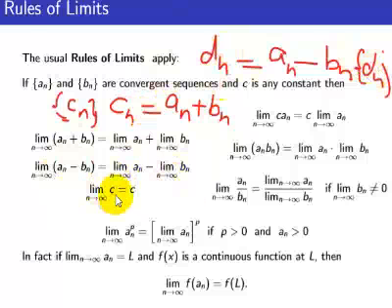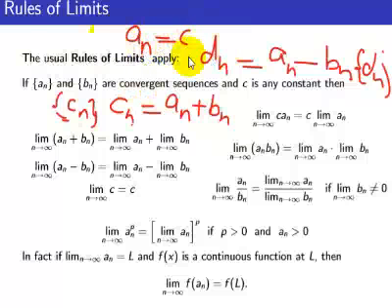So if you have a constant sequence like this, say for all n, A sub n is equal to C. So A sub 1 is equal to C, A sub 2 is equal to C. All terms are C; this is called a constant sequence.